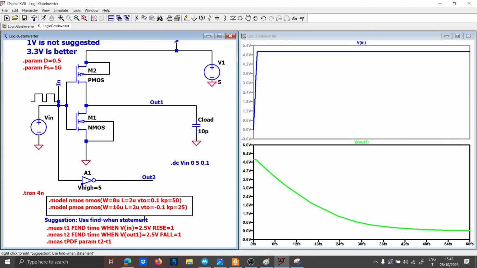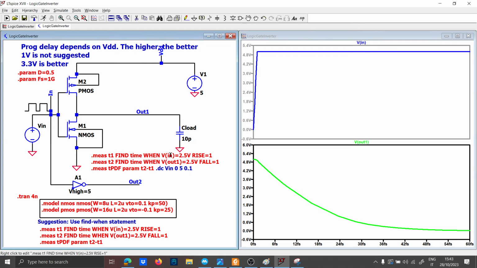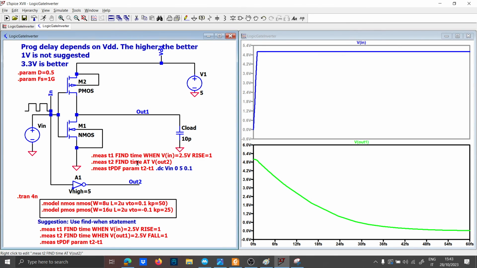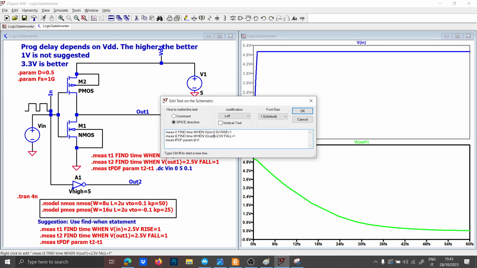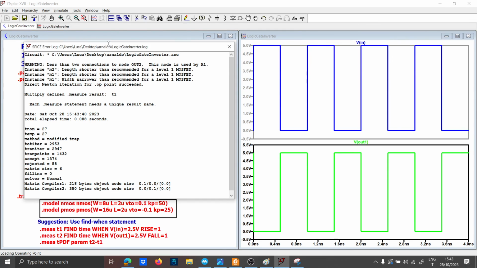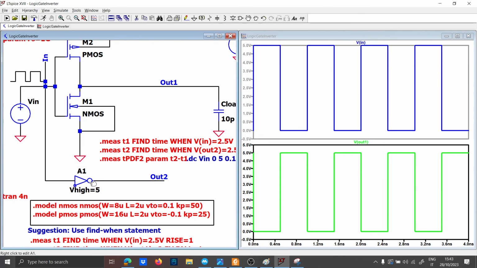If we do the same instead with out 2, we make another parameter called pdf2, with the connection to out2.